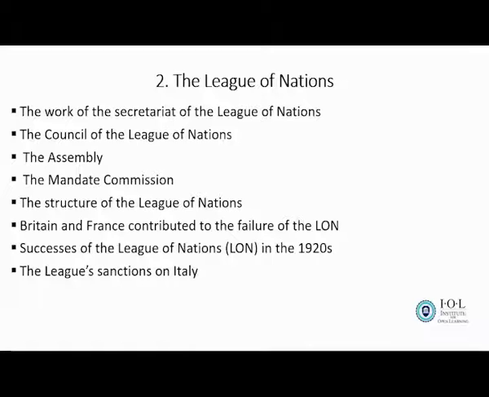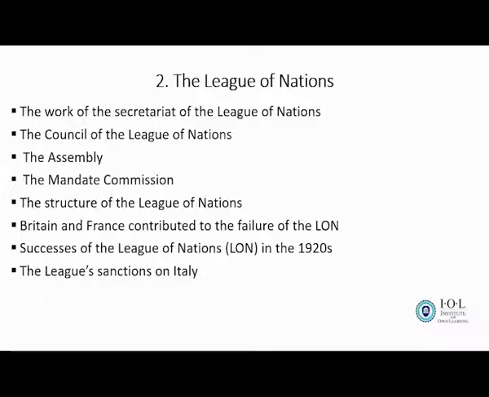This island was between Sweden and Finland. There was a dispute between the two countries. A dispute is a disagreement between two countries. So this dispute over the island was between Sweden and Finland.